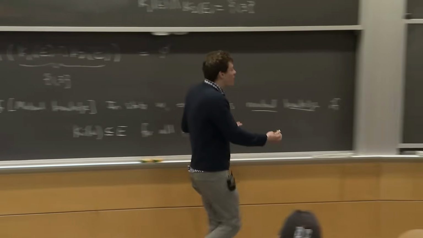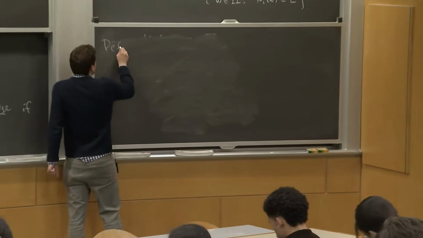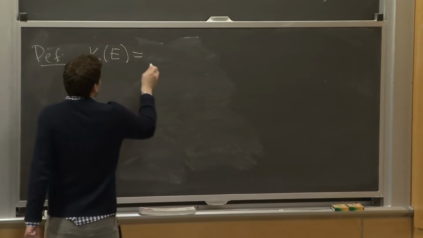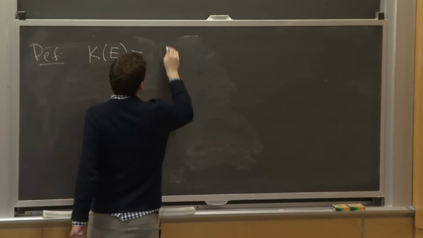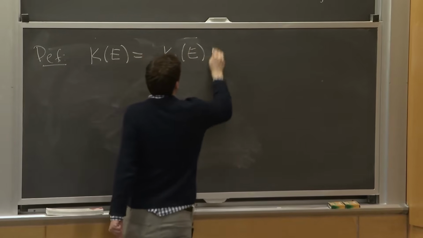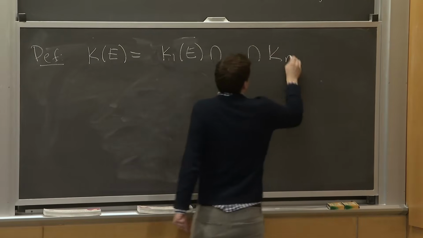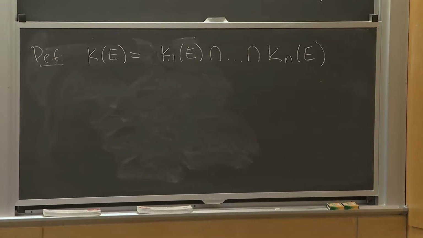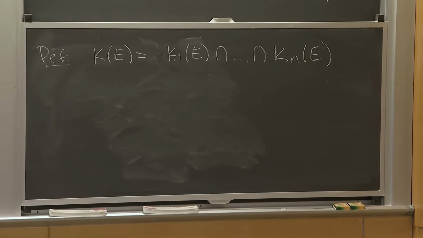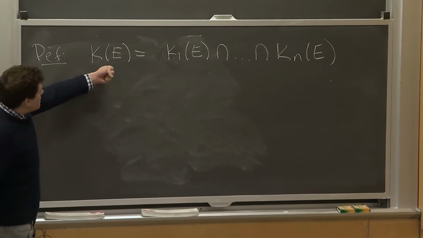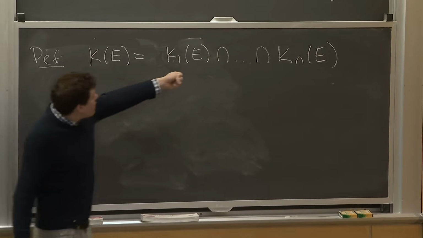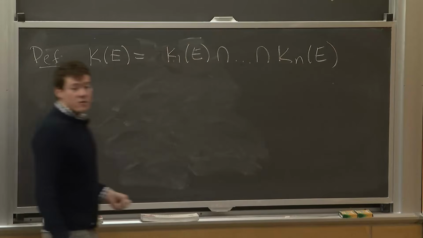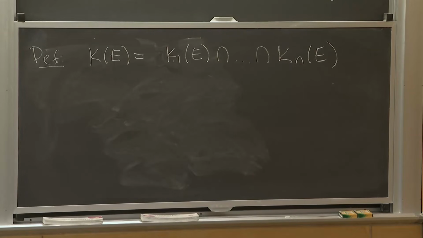I know it's getting to be a bit of a mouthful, but we can give another definition, and we'll just say K of E is equal to the intersection, or maybe I'll write it this way, K1 of E intersect K2 of E, and so on. So this is precisely the set of states where player 1 knows event E, player 2 knows event E, and everyone else knows event E. Okay.